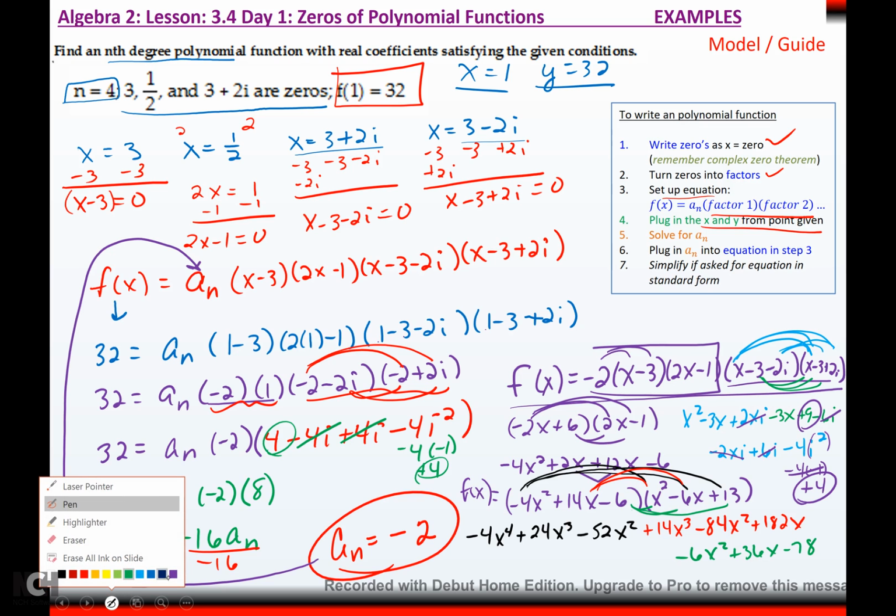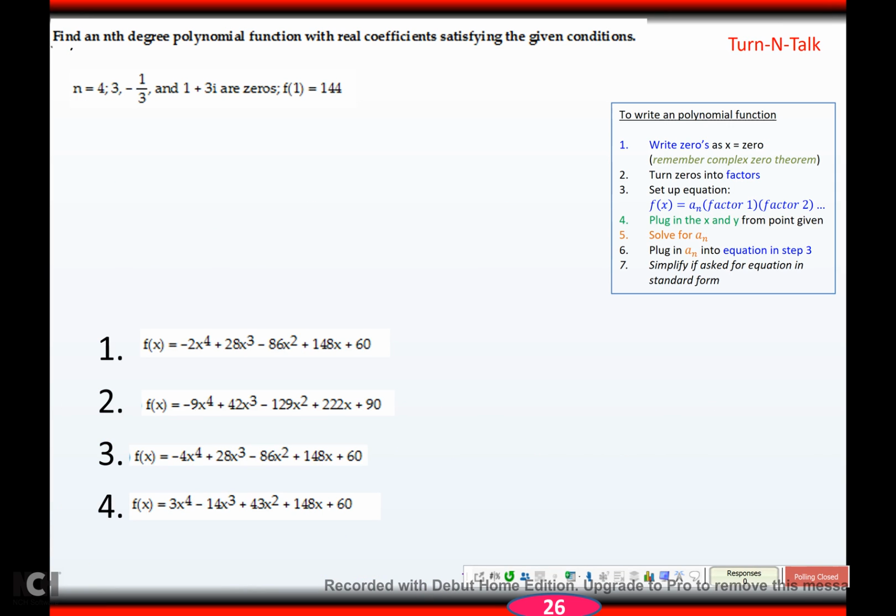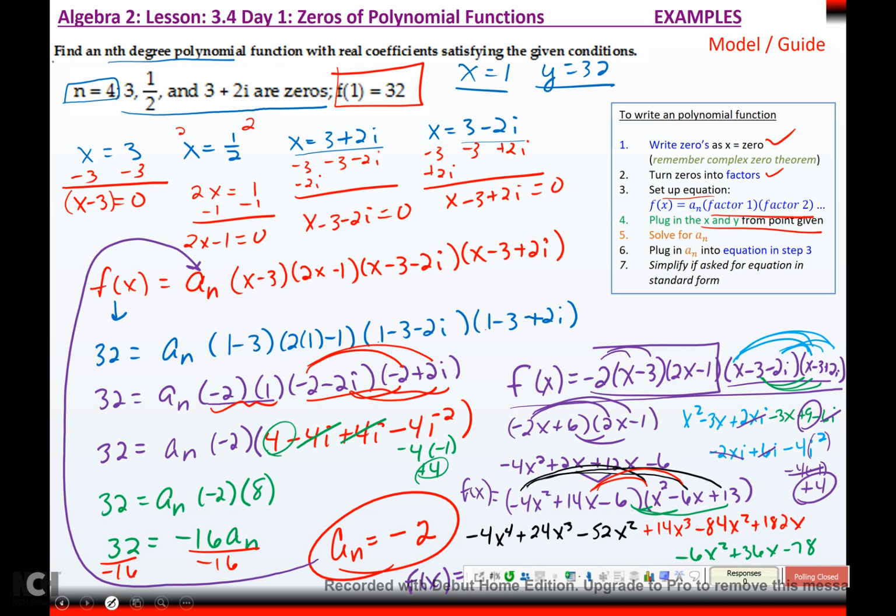Combine like terms, and my final function is negative 4x to the fourth, 24x cubed plus 14x cubed is 38x cubed, negative 52x squared, negative 84x squared, and negative 6x squared is negative 142x squared.